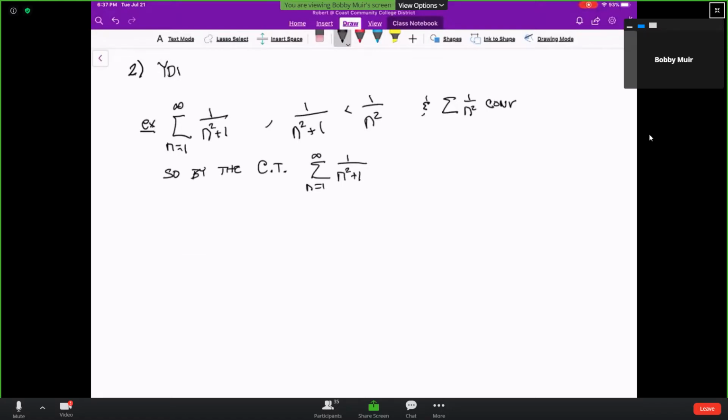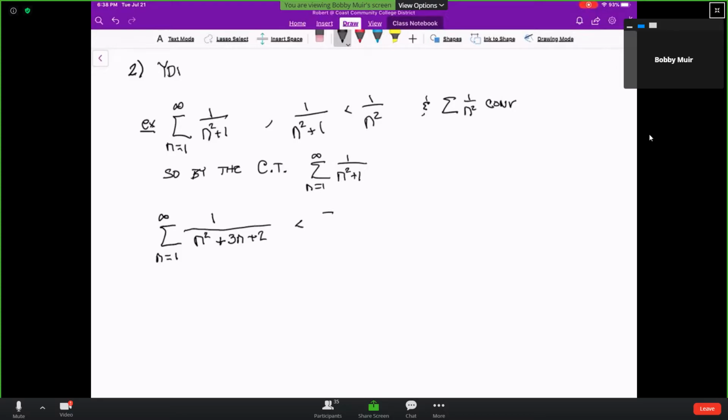And for that matter, you could probably do this with any quadratic, like n squared minus 3n plus 2, or plus 3n plus 2.